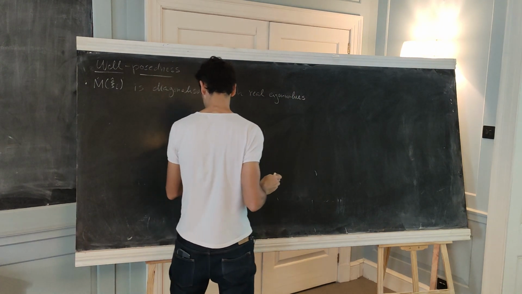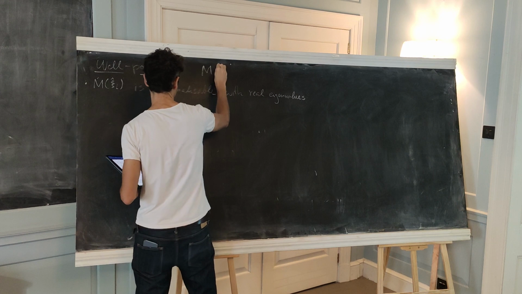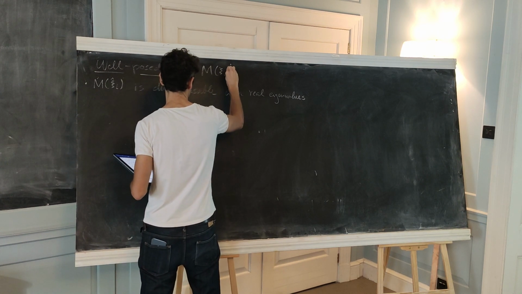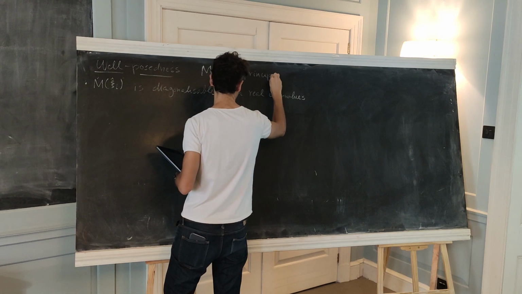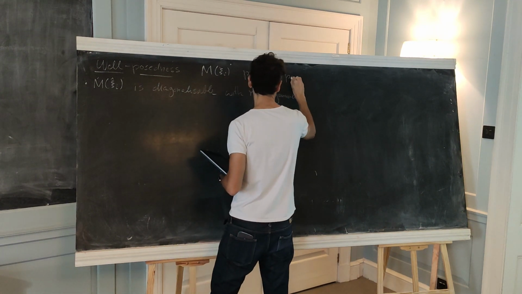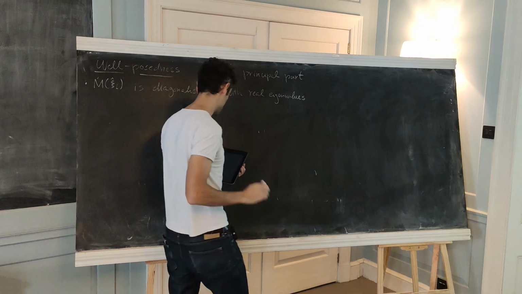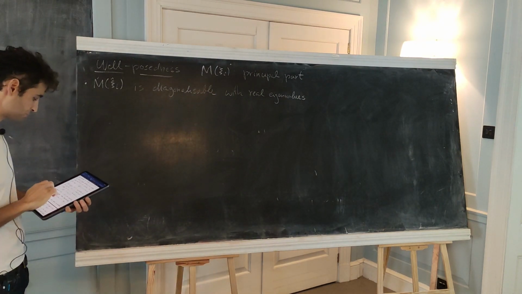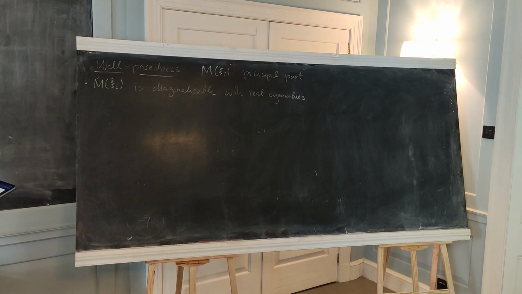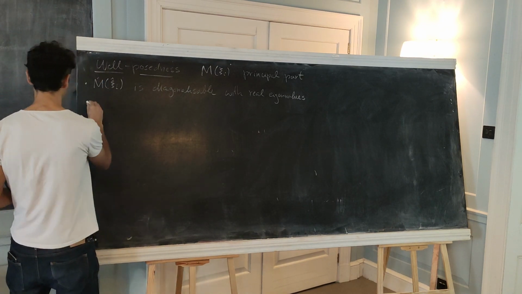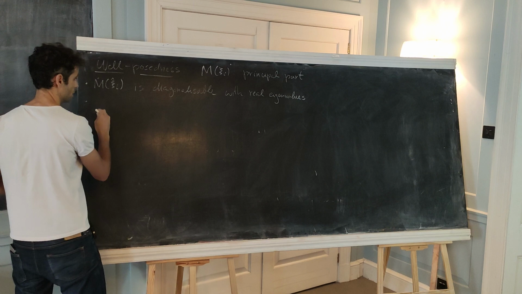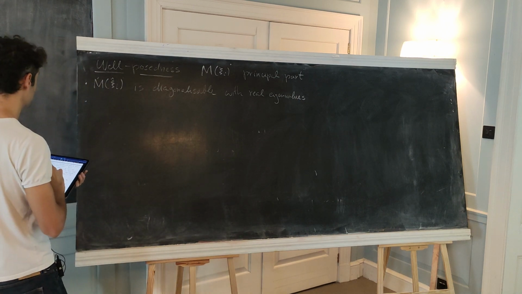Okay, so we call M the principal part or principal symbol, and it's the term with the highest derivatives. And we say that the system is, sorry, that it's well-posed.